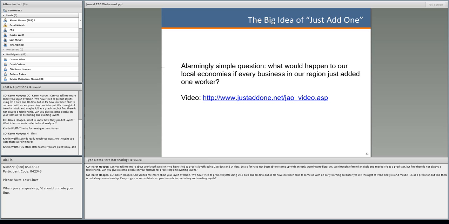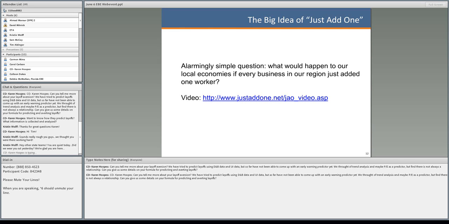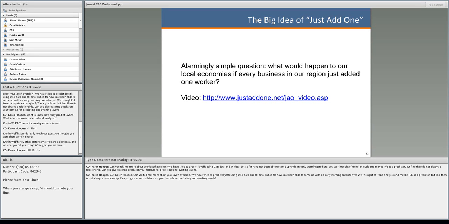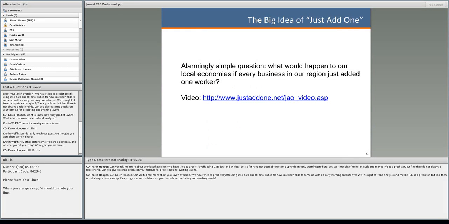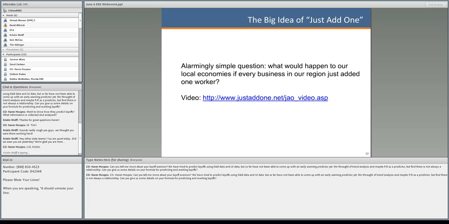So where I want to go with this is to frame some of the bigger questions about what the big idea of Just Add One is. So really it's an approach that's about problem solving in partnership with employers.